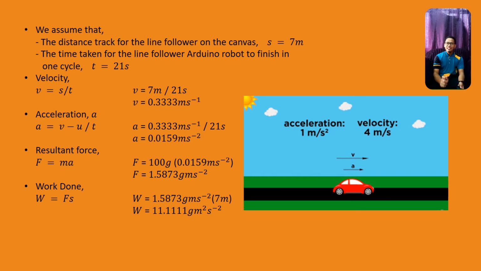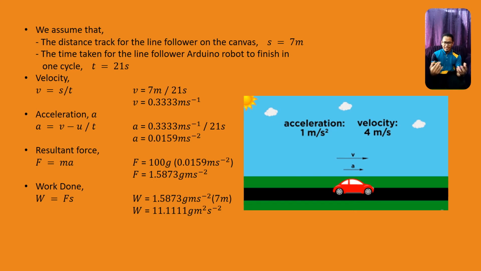meter per second squared. The next one, we will find the resultant force. F is equal to ma, where m is equal to 100 gram times 0.0159 meter per second squared. Therefore, the resultant force F is equal to 1.5873 gram meter per second squared.